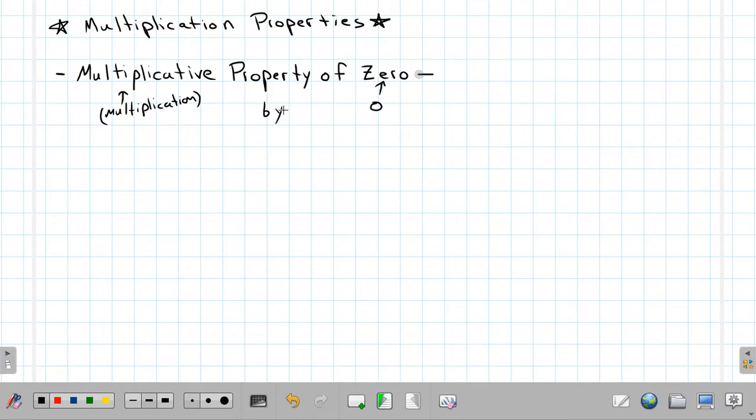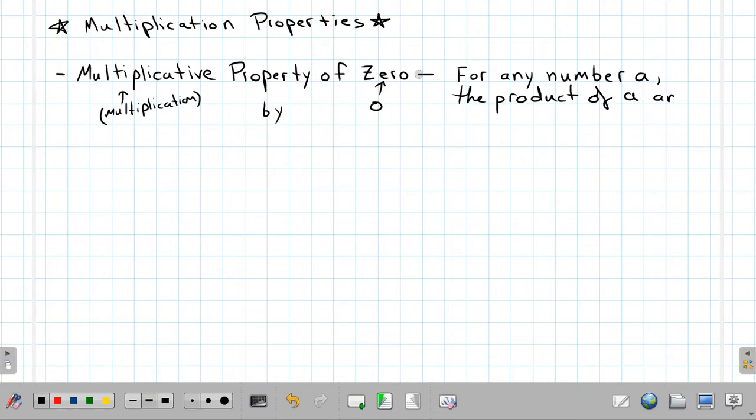This property tells us that for any number A, the product of A and 0 is 0. No matter what number or expression we have, if it's multiplied times 0, then it's equal to 0.